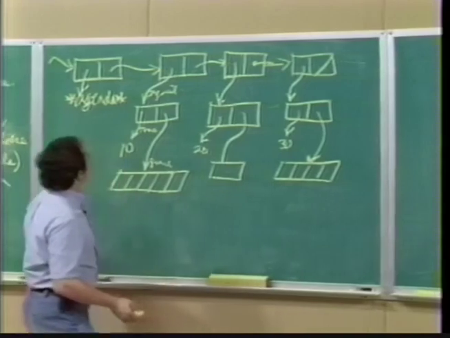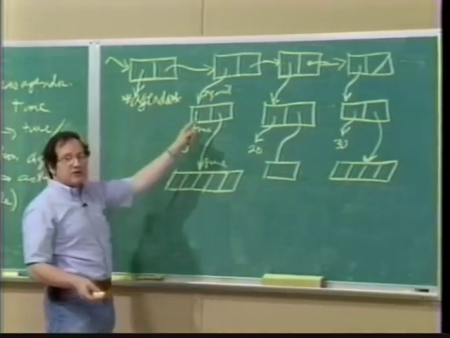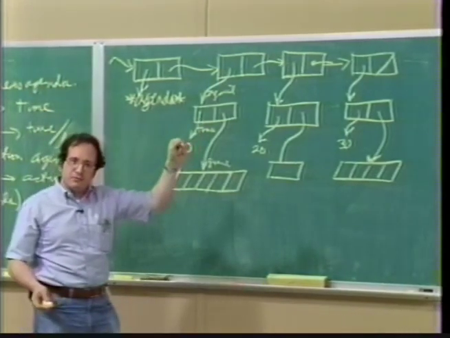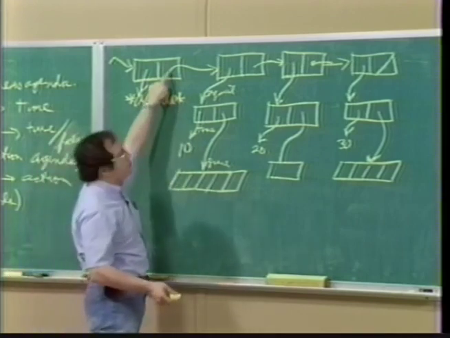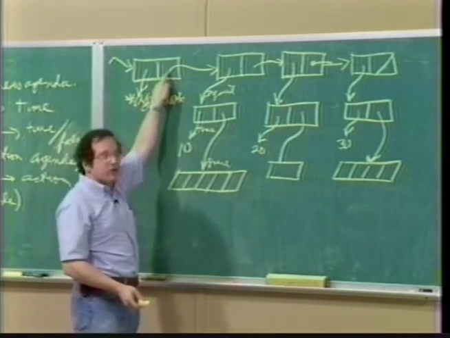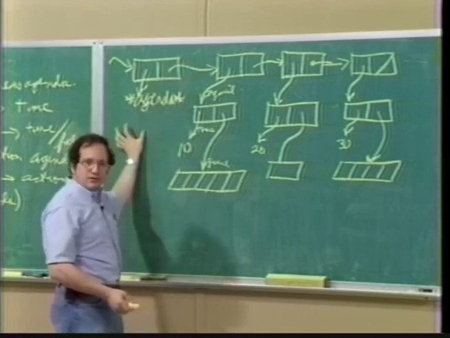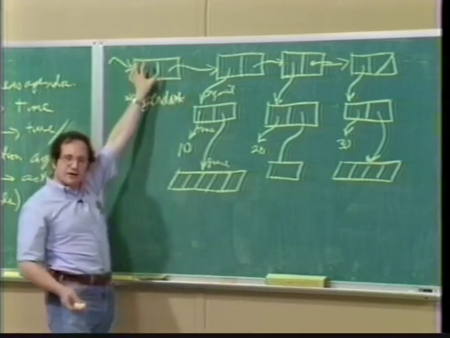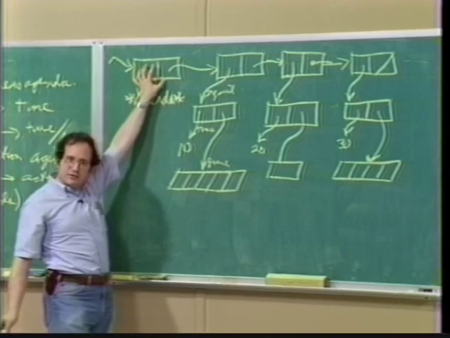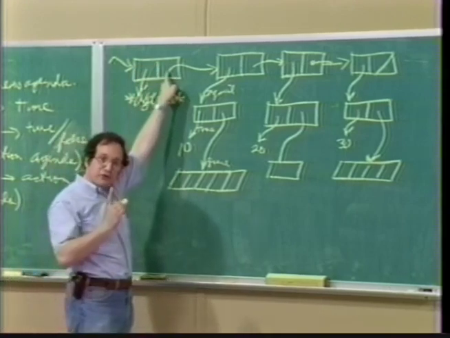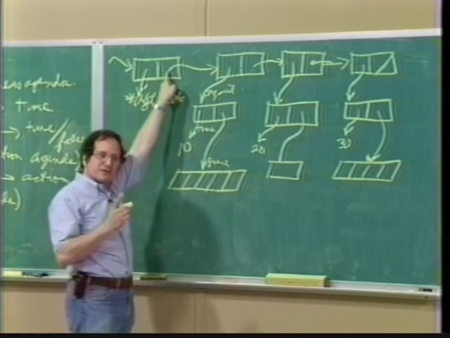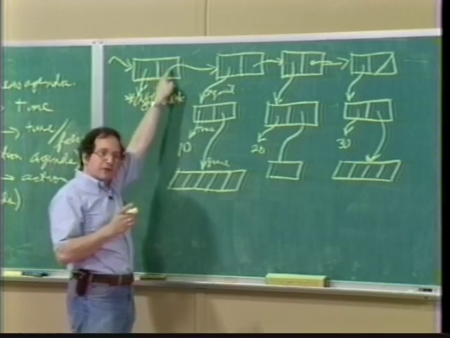And finally, if I wanted to add a thing to be done at time 5, I'm going to have to change this one, because I'm going to have to add it in over here, which is why I planned ahead and had a header cell which has a place. If I'm going to change things, I have to have places for the change. Okay? I have to have a place to make the change.